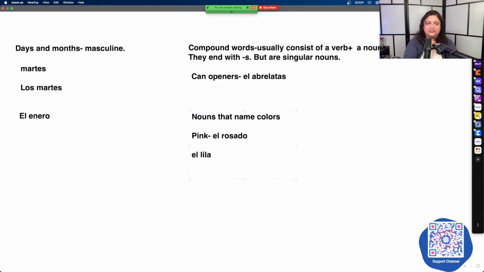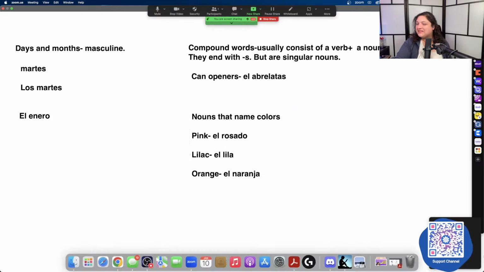Or the orange color, el naranja. So whenever you're given flashcards for learning colors, that's why all of them are masculine. It's because the names of these colors are masculine.